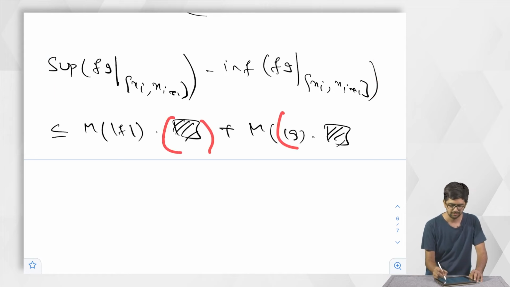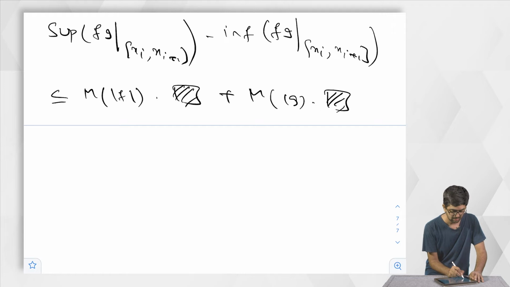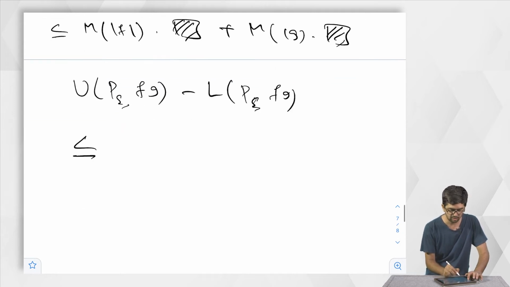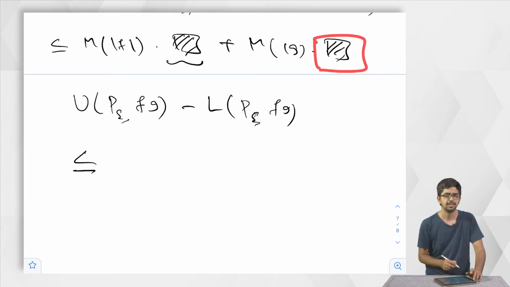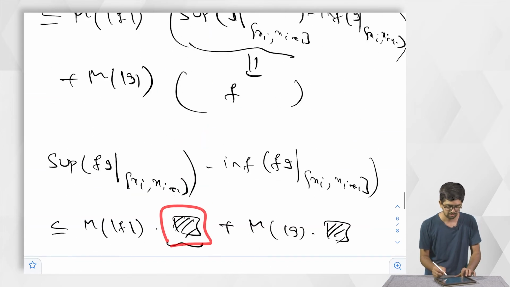Similarly, here also this concludes that U(P_epsilon, fg) minus L(P_epsilon, fg) is less than or equal to, see this thing when I put x_i minus 1 and this also x_i minus 1, this thing is less than or equal to epsilon.